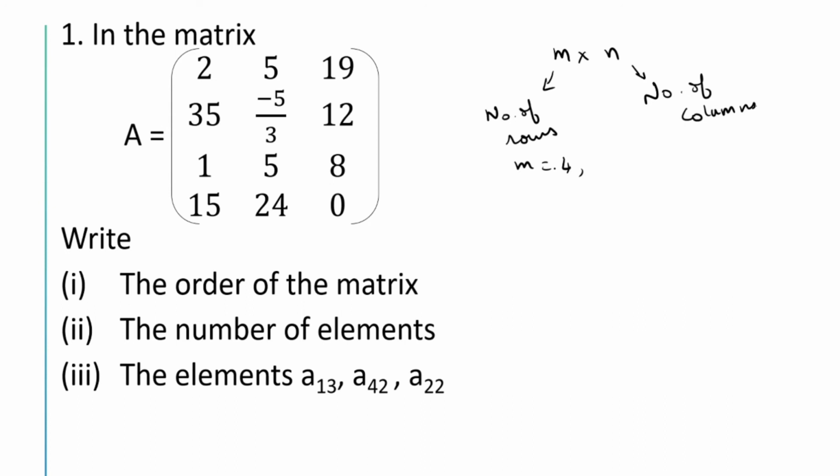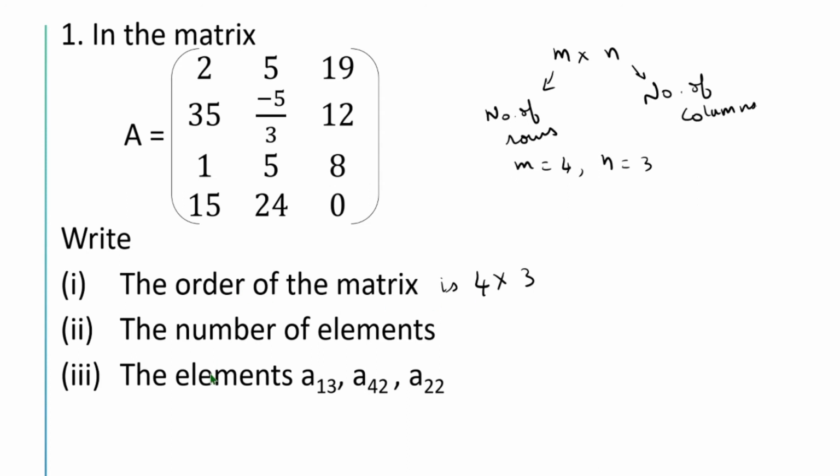This is the first row, second row, third row, fourth row. The number of columns is 3: first column, second column and third column. So n is equal to 3. The order is represented as m by n, so here the order of the matrix is 4 by 3.